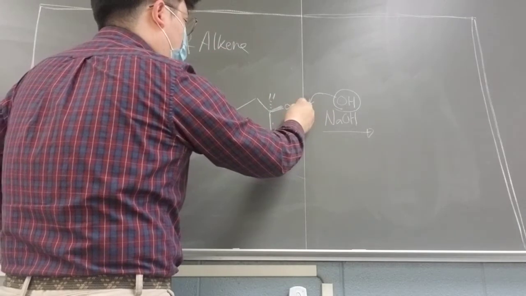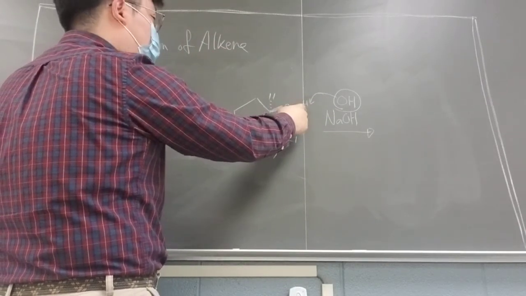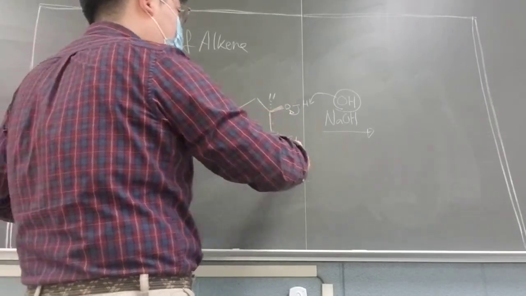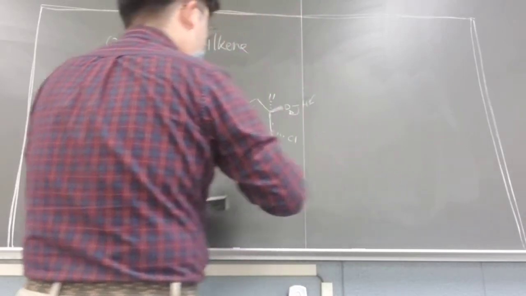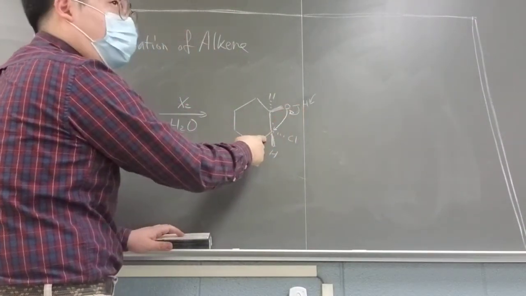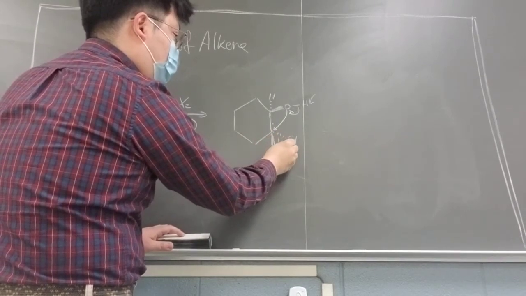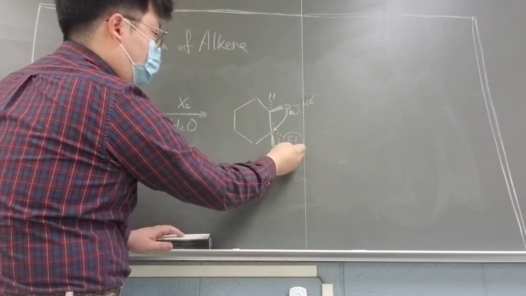So they're going to have this pair of electrons go on this oxygen. So then they can use it to attack this carbon here again. And then this chlorine group will leave. So this one goes to the chlorine.